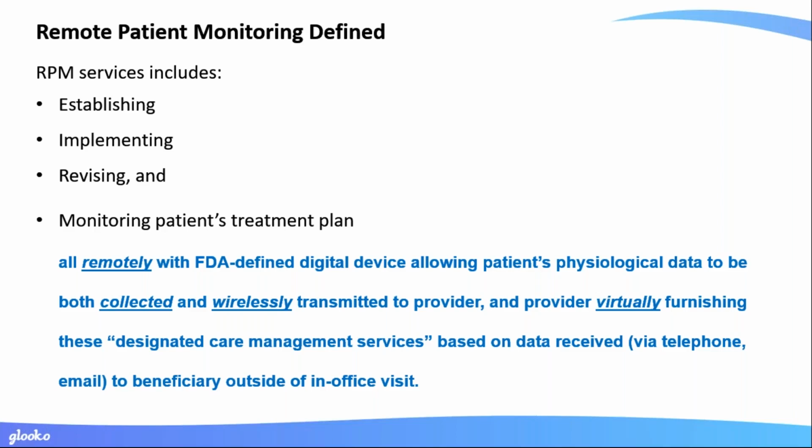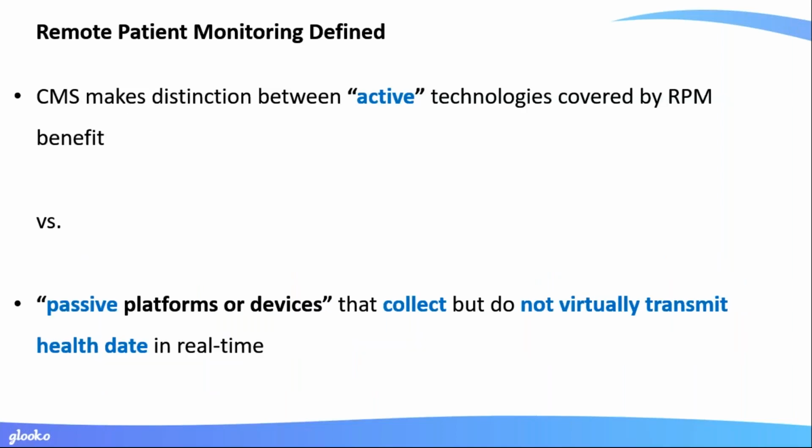So we have 4 different RPM codes now, and the first one we're going to review can actually be done live in person, and that is the training and setup, but we'll talk about that. This is all outside of an in-office visit, which is wonderful for convenience.